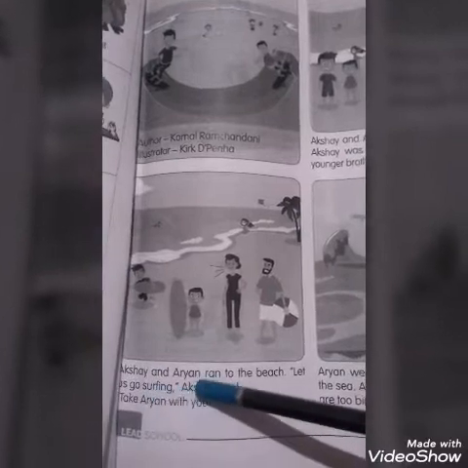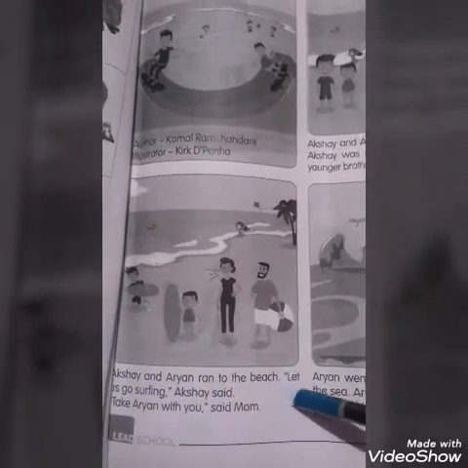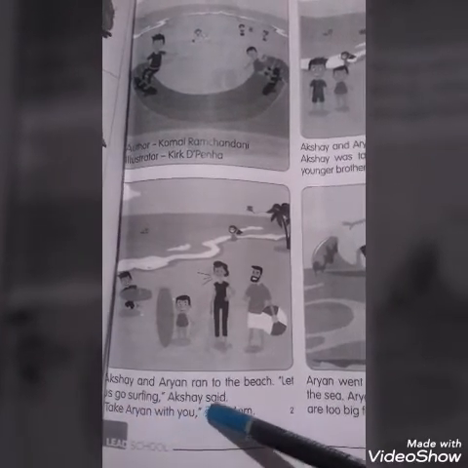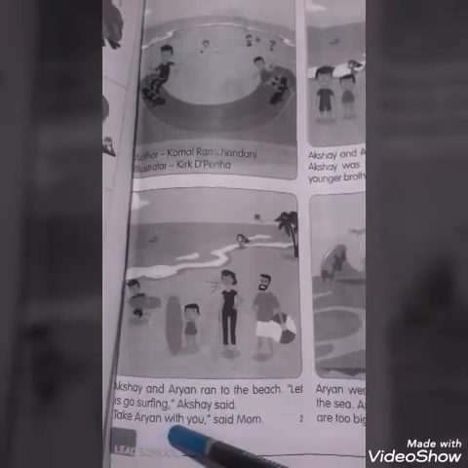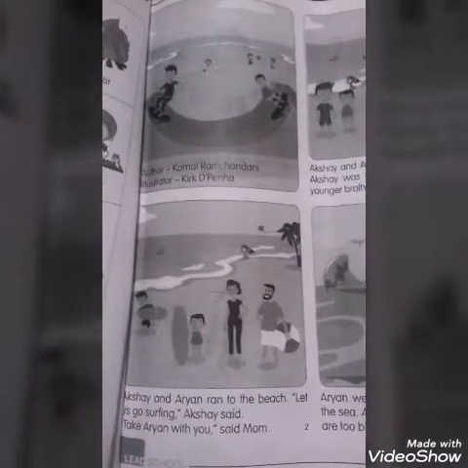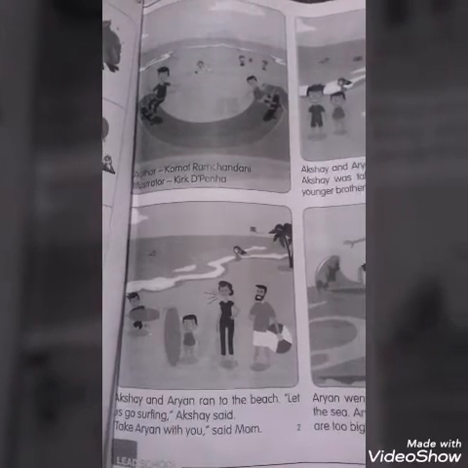Akshay and Aryan ran to the beach. Let us go surfing, Akshay said. Take Aryan with you, said Mom. So now Akshay and Aryan ran to the beach, isn't it?